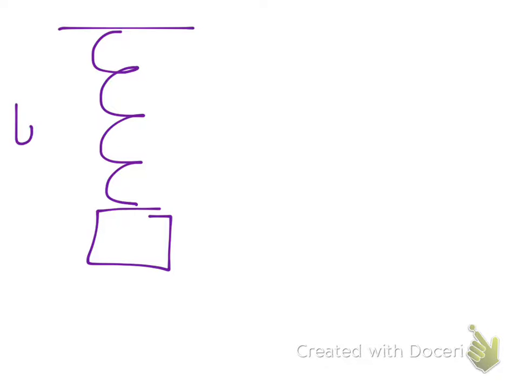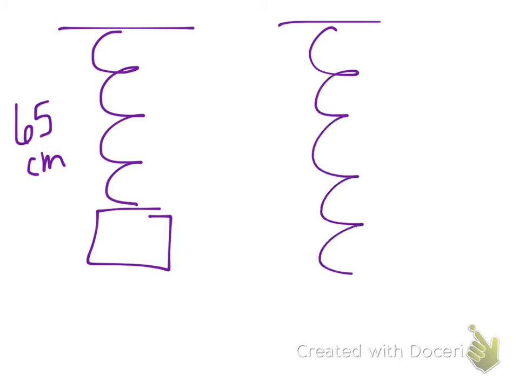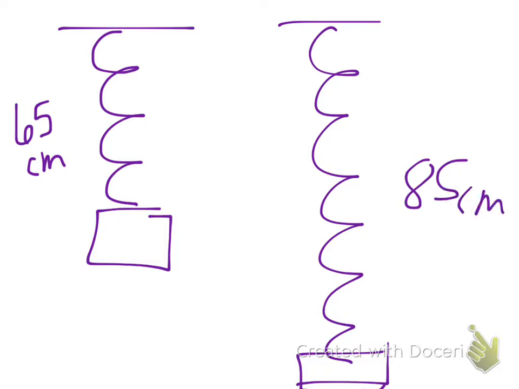Okay, we had a vertical spring with something attached to the end, and it said this was stretched a total of 65 centimeters. Then it said when a different mass was added to it, it was stretched a total of 85 centimeters. But the thing is, we don't know where the equilibrium point was. We don't know where the spring would be if no mass was attached to it. We don't know any of that.